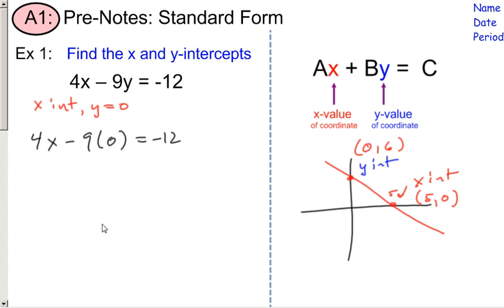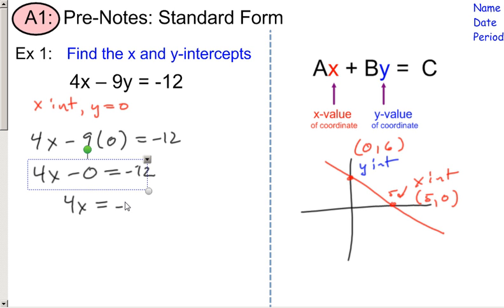And now we just solve for x. So 4x minus 0 is 4x. We've got 4x equals negative 12. Divide by 4, and you get x equals negative 3. So we know that the x-intercept is going to be at negative 3, 0.